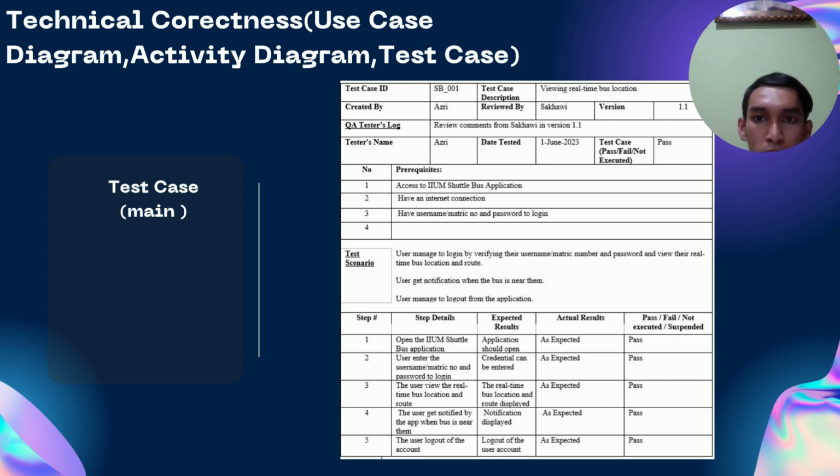By executing the main test case, we can systematically validate the system's behavior, identify any deviation or error, and ensure that it meets the specified requirements. By integrating the use case diagram, activity diagram, and main test case, we establish a cohesive framework for designing, understanding, and testing the IIUM shuttle bus system.